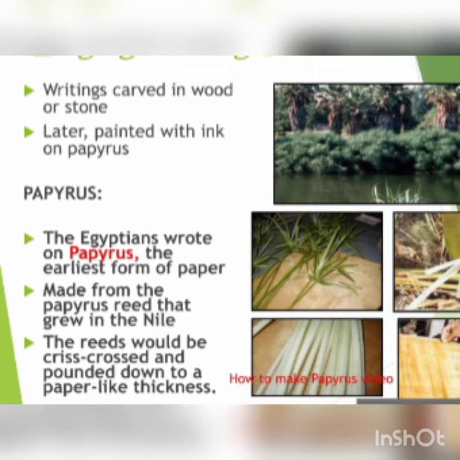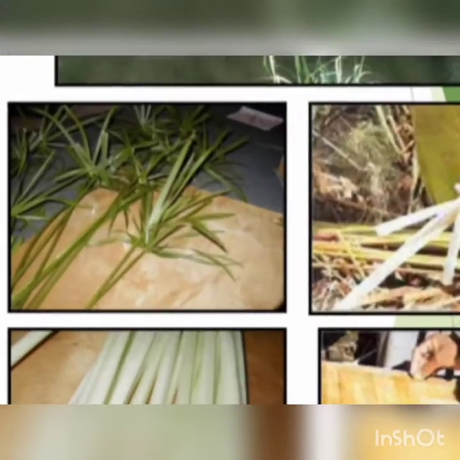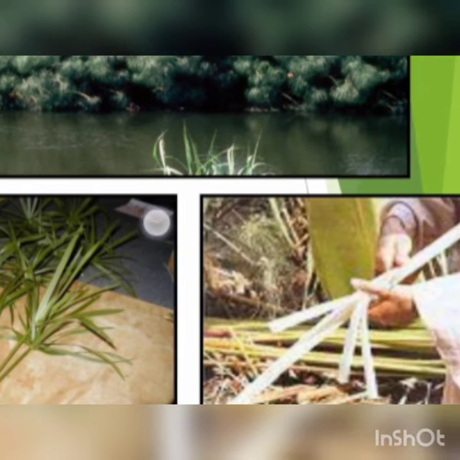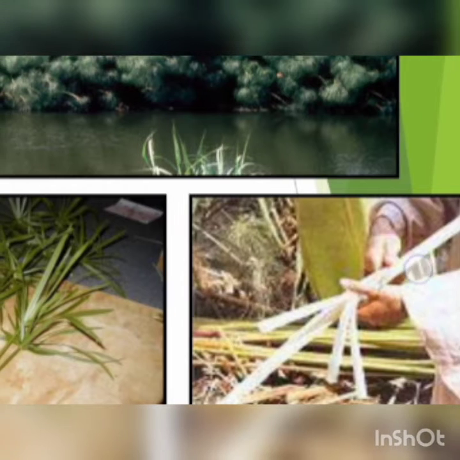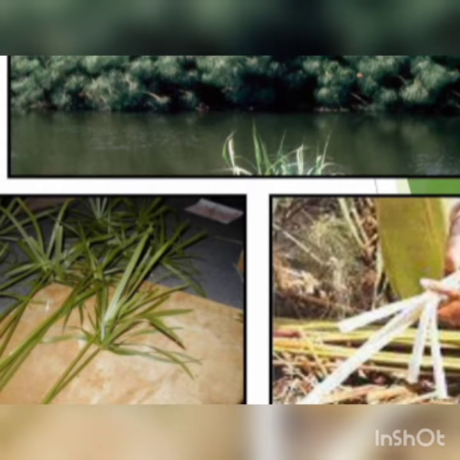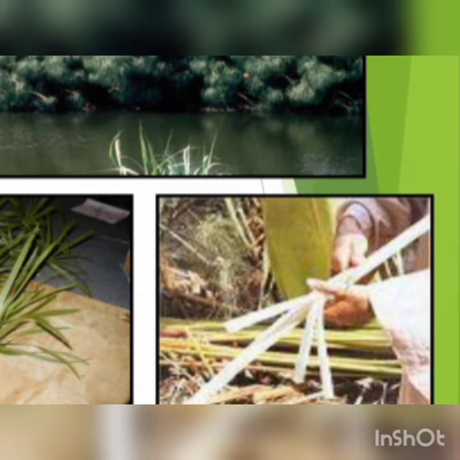So what is meant by papyrus? The Egyptians wrote on papyrus, which was the earliest form of paper. See here the picture. This is the leaf, right? This is papyrus. This stalk is made into something like the palm leaf we have. Likewise they used papyrus for making writing material, and they wrote on it with ink.